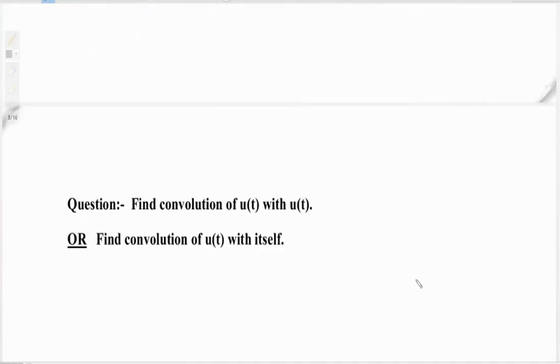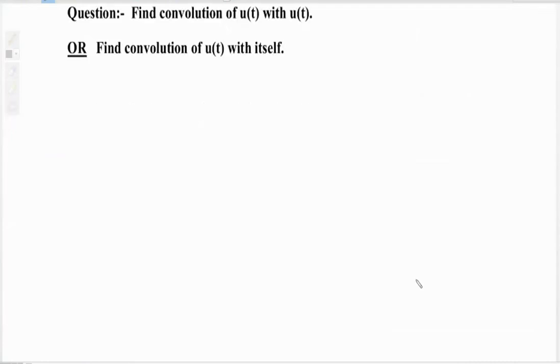The question is: find the convolution of u of t with u of t, or find the convolution of u of t with itself. So we have to determine the convolution of u of t with u of t. Okay, solution.